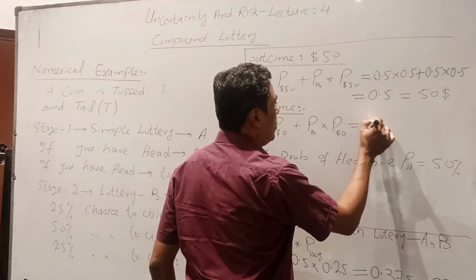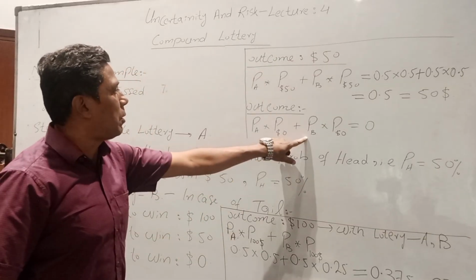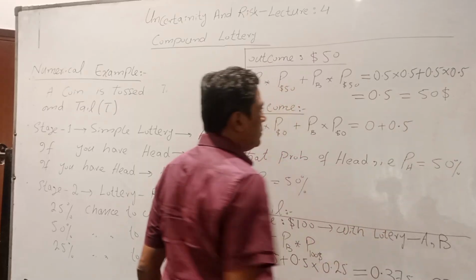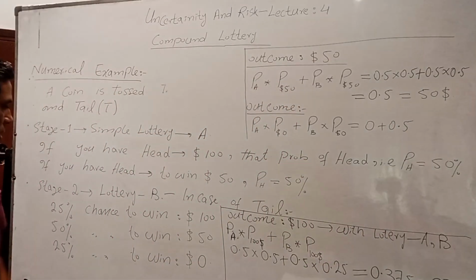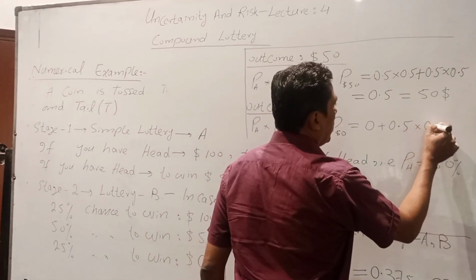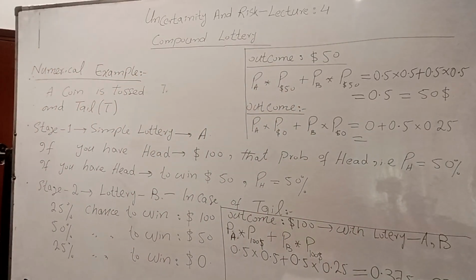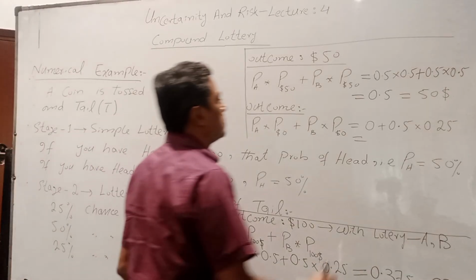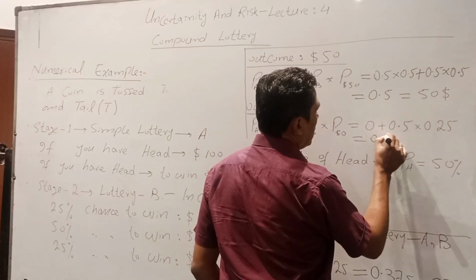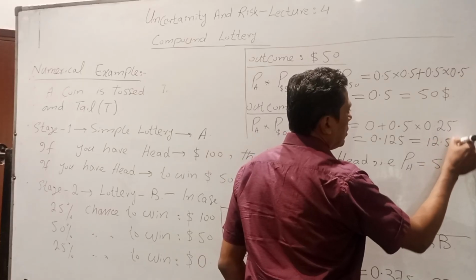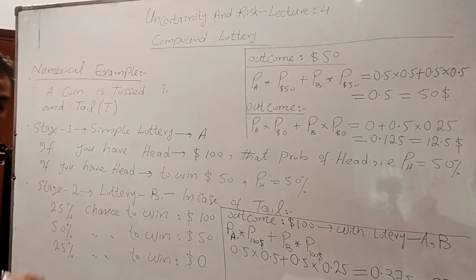So that is 0. And plus 0.5 multiplied by 0.25, that is 0.125. So now we can conclude here.